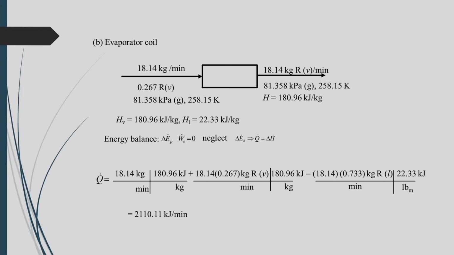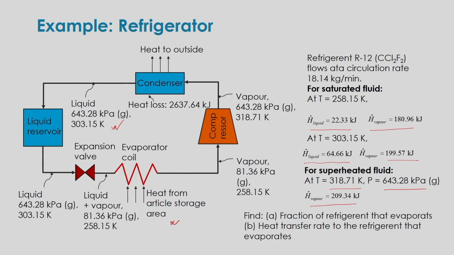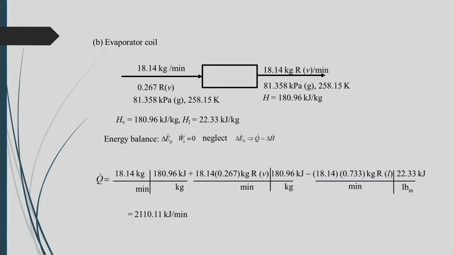Now, the next question is: what will be the heat transfer rate to the refrigerant that evaporates? Now, if we do the evaporator coil energy balance again, we can say that in the inlet stream the flow rate of refrigerant is 18.14 kg per minute, and the fraction of vapor in the coil is what is coming out from the expansion valve.